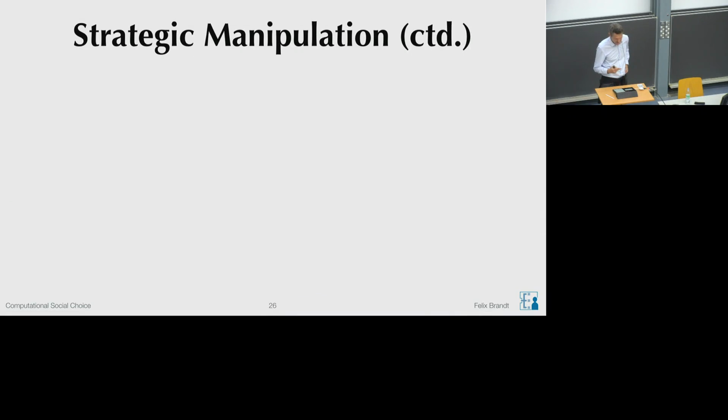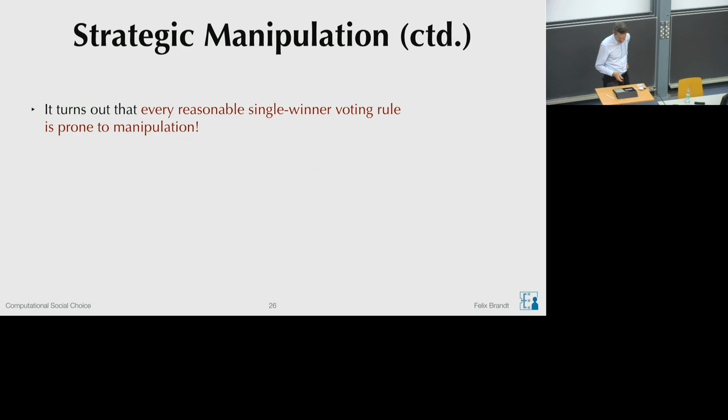So we have seen that 2 rules, Borda's rule and plurality, can be manipulated. And I already mentioned before the break that there's a quite striking impossibility result. This is the Gibbard-Satterthwaite impossibility theorem, which was already proved in the 70s, but uses extremely mild conditions.